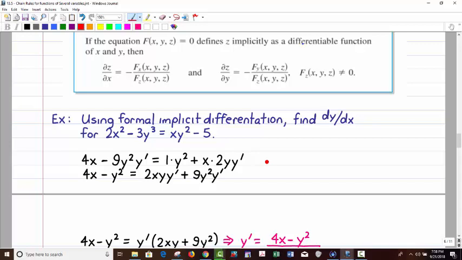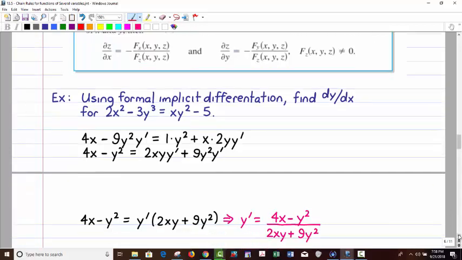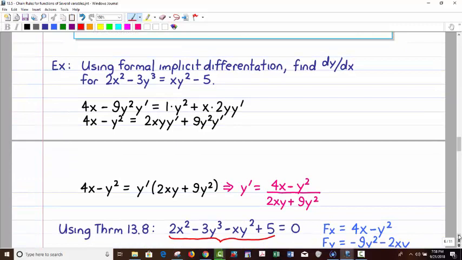So what you want at that point, it doesn't matter whether you go left or right, but you want to get the y prime terms on the same side of the equation, either the left side or the right side. So it looks like I chose to add the 9y squared y prime and bring it over here, and then subtract the y squared and bring it over to the left side. So that's one of two correct ways to do it.